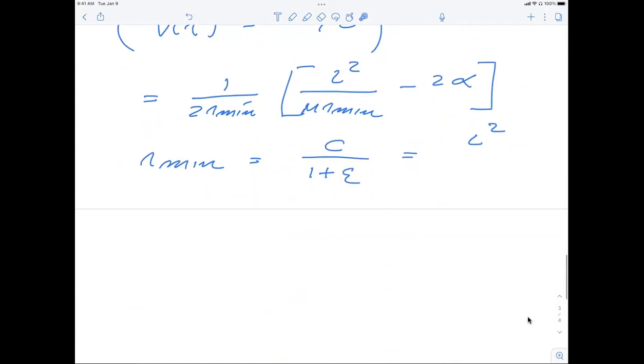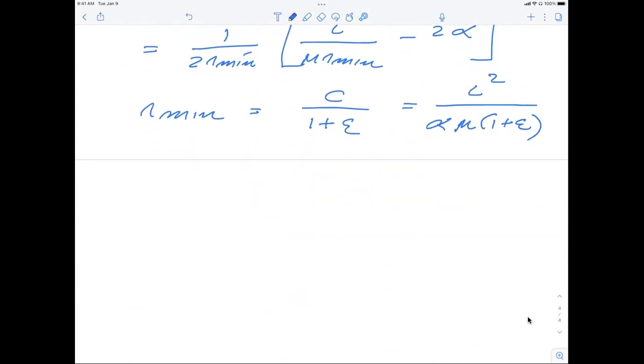And if we do that, when we just rewrite the equation, this becomes equal to L squared divided by alpha times mu, and then I have 1 plus epsilon. So what I'm going to do next is simply to plug in this equation for R min into this equation here, and the same into this equation here. So if I do that, what we get is the following.